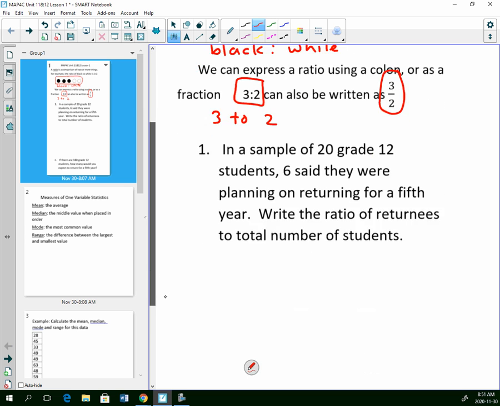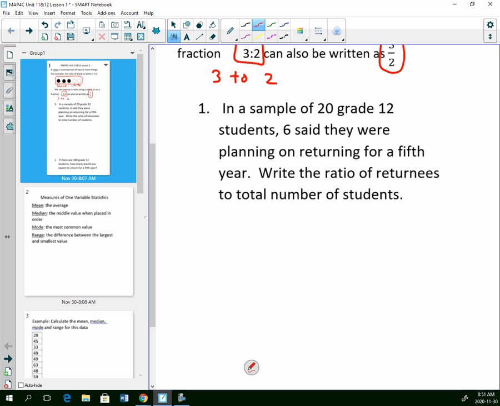So here we have an example of 20 grade 12 students, and 6 said they were planning on returning for a 5th year. It wants us to write the ratio of returnees compared to total number of students, okay? So I'm going to write it out in words first. So I'll write returnees compared to total number of students, right? So I want to make sure I'm representing the proper items.